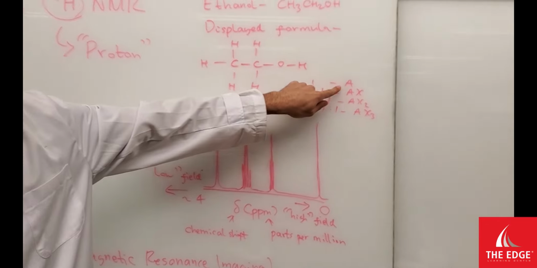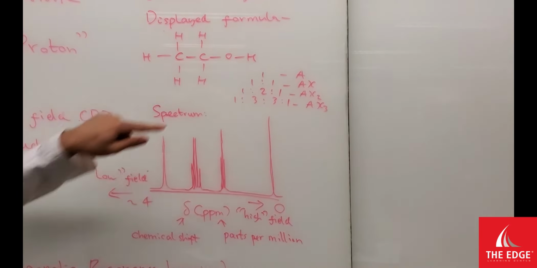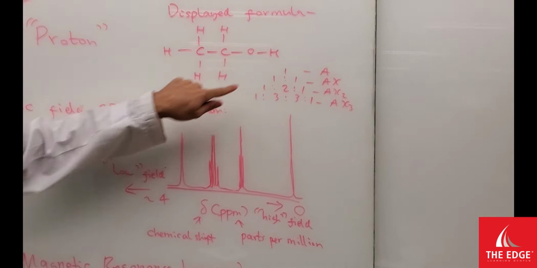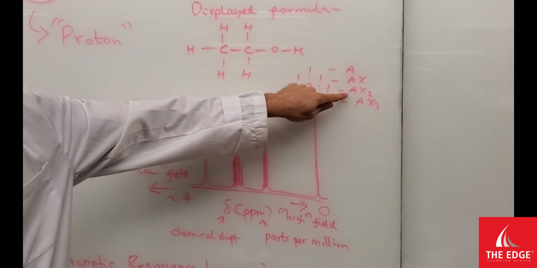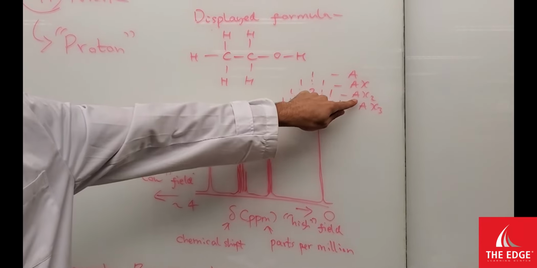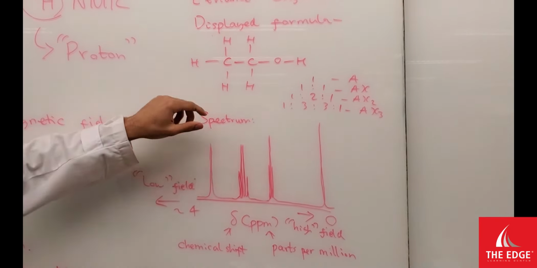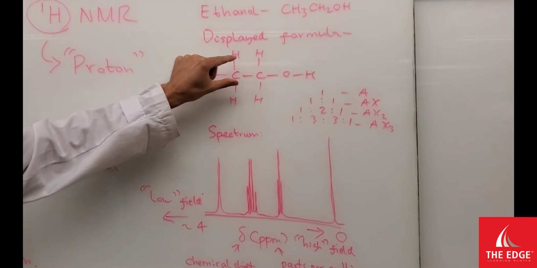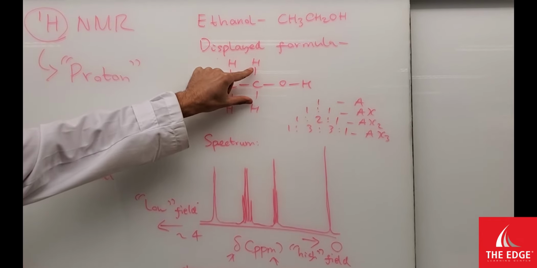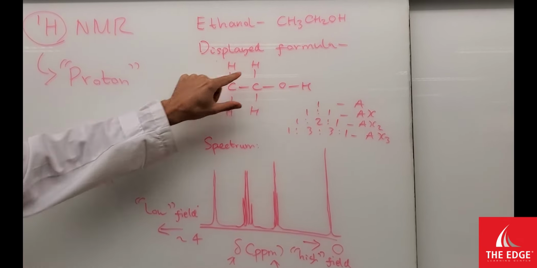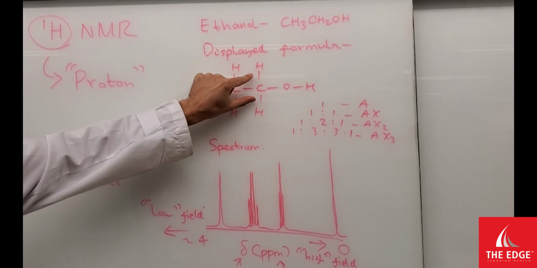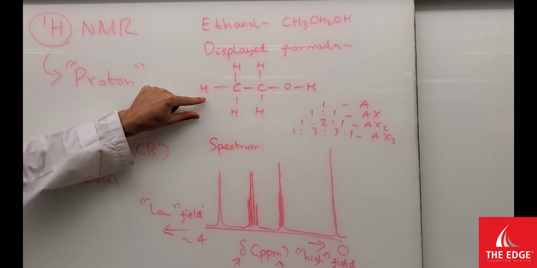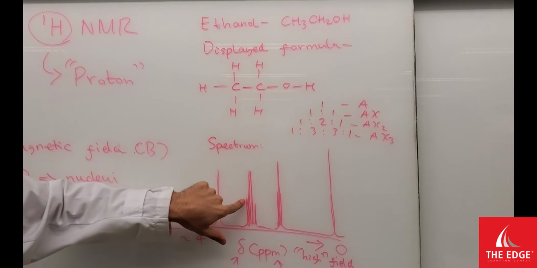So A, with no neighboring protons, gives a singlet, so this proton isn't coupling to any protons. Here, AX2, that's 1 proton coupling with another 2 protons. These protons are seeing 2 other protons adjacently, so they're coupling to 2 other protons. That's how we get a triplet for this peak. And finally, these 2 protons are coupling with 3 other nearby protons to give a quartet, which is AX3.